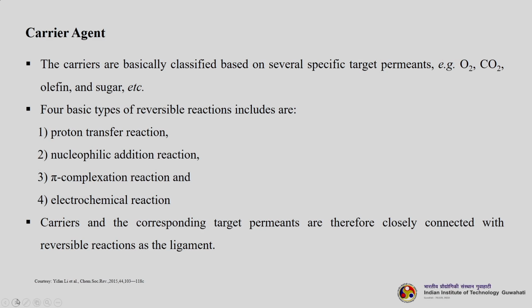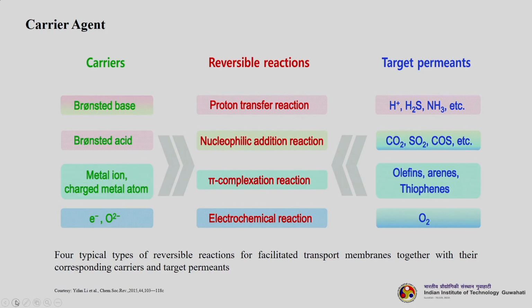Carriers and the corresponding target permeates are closely connected with reversible reactions and the ligand. These four typical types of reversible reactions are listed here for facilitated transport membranes, together with their corresponding carriers and target permeates.